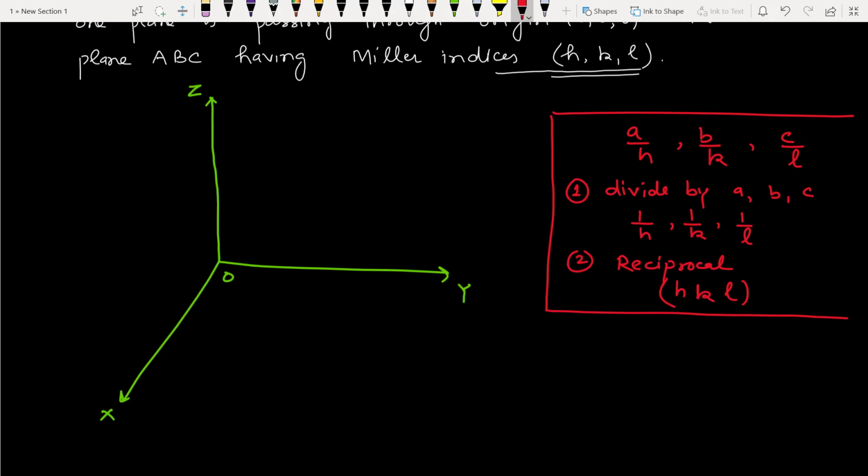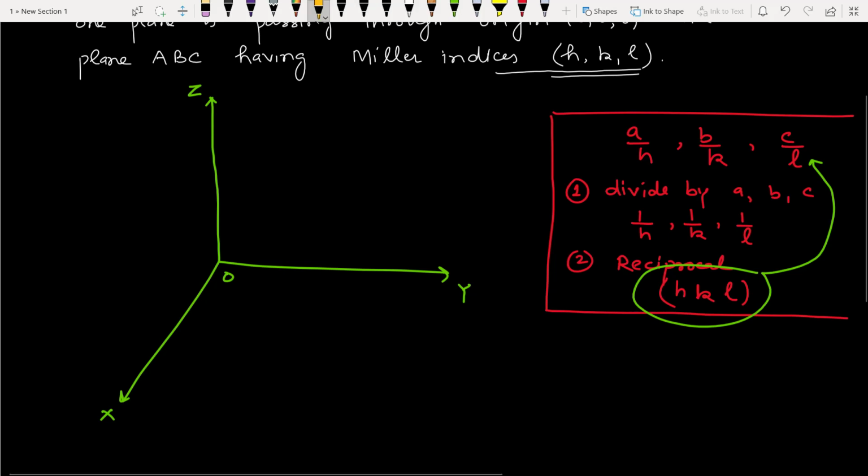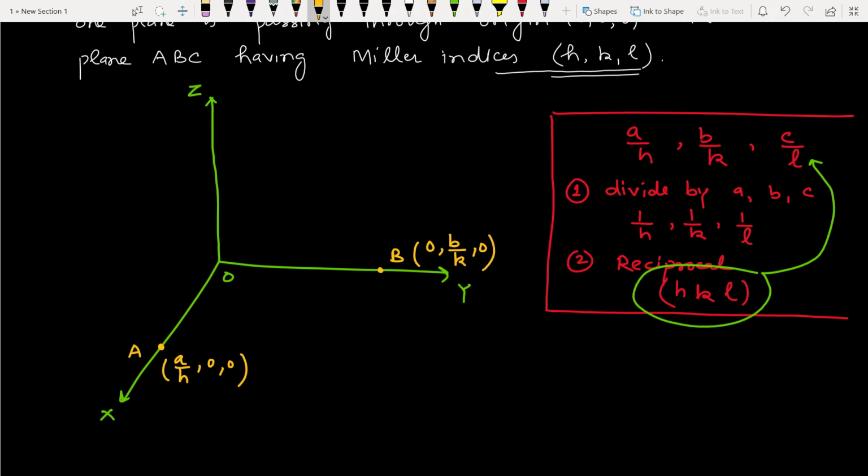So what we get to know from this is that if a plane is having HKL Miller indices, then its intercepts will be A by H, B by K and C by L. Then if we wish to represent them using a plane, we get 3 points: A point, whose coordinates will be A by H, 0, 0; B point, whose coordinates will be 0, B by K, 0 as it is on the y-axis; then point C, 0, 0, C by L. So we join these 3 points.